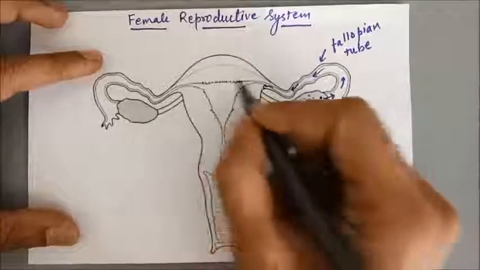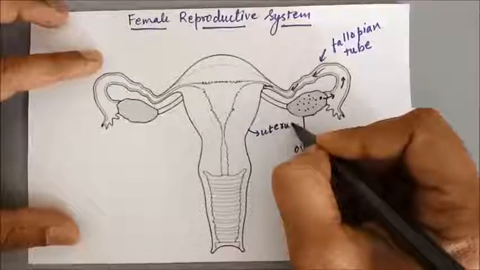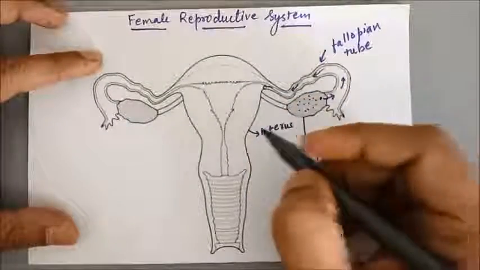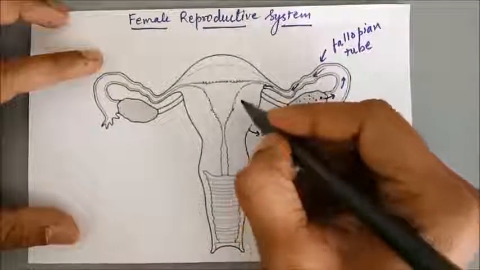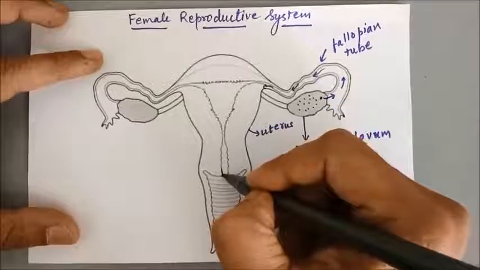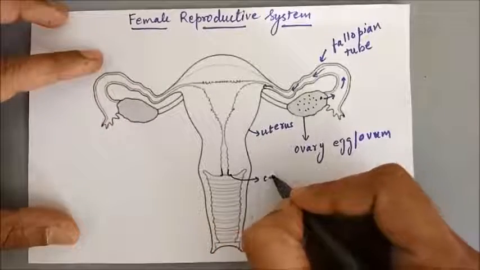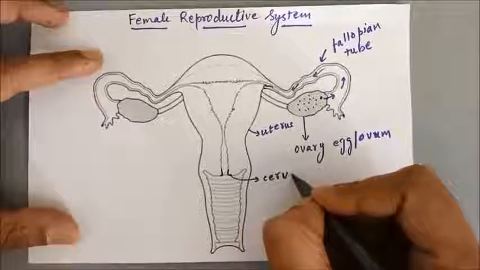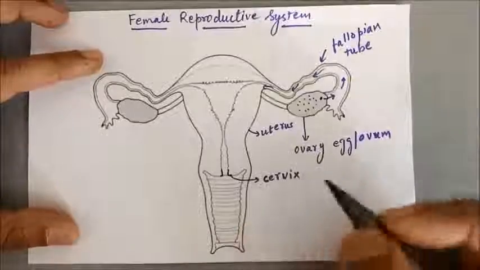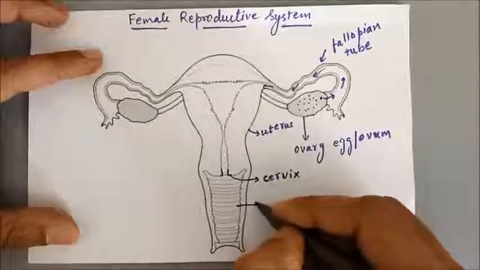So this muscular chamber is uterus. This muscular chamber ends over here. So this end portion of the uterus is called cervix, and cervix opens into a long hollow tube called vagina.